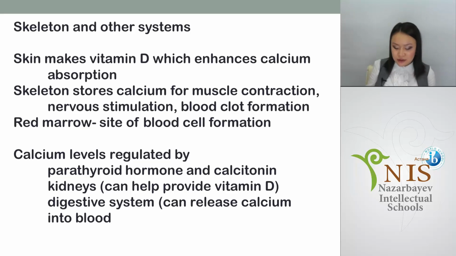Not just for its own structure, but also we need calcium for muscle contraction, nerve stimulation, and blood clotting. And red marrow of long bones is the site of blood cell formation. Exactly in long bones happens the formation of blood cells. Yeah.